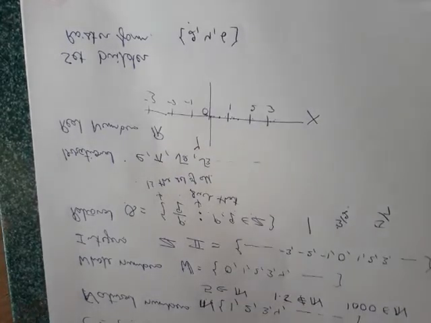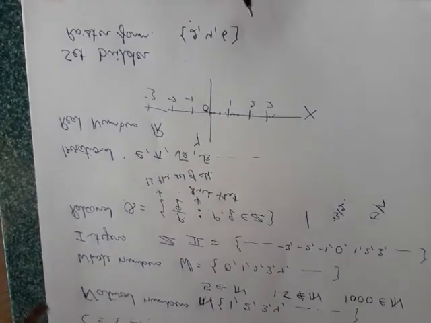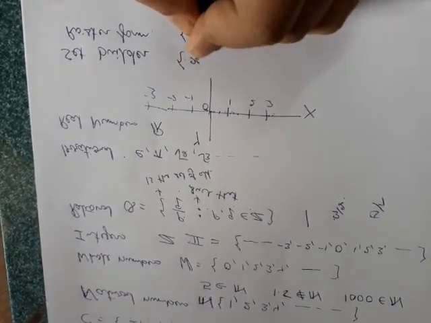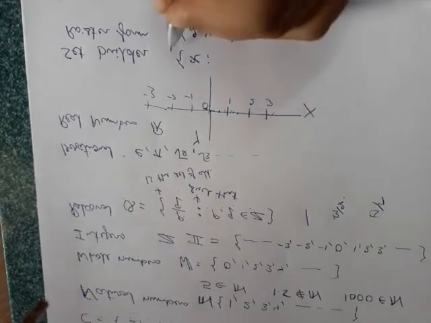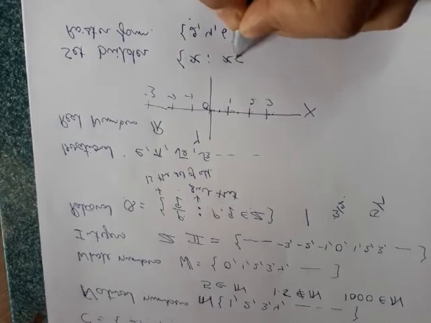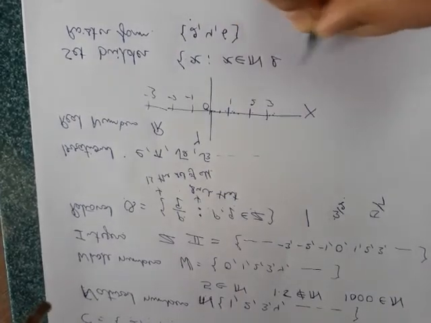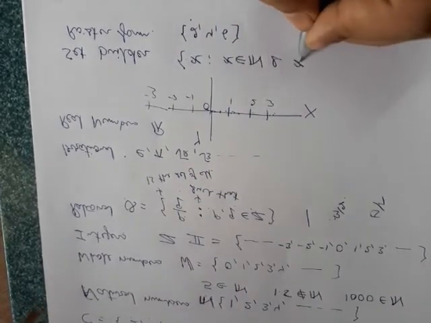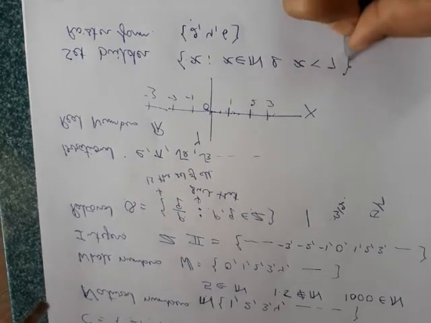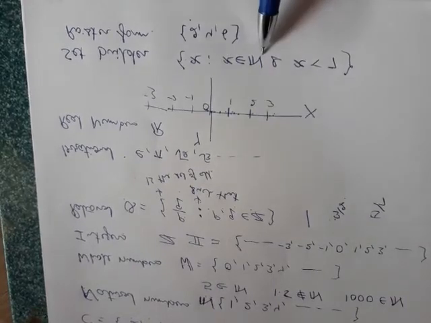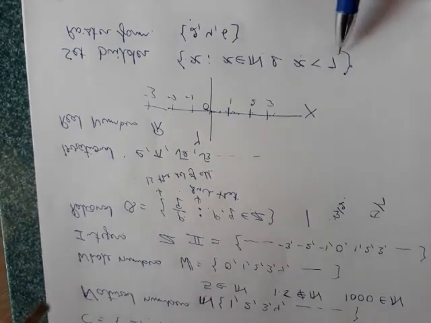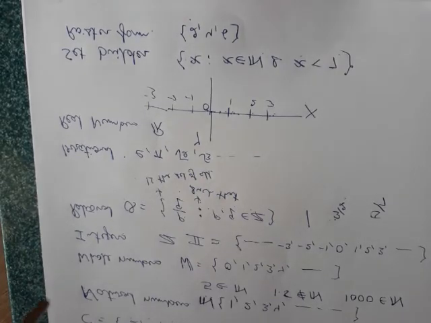Such forms are called roster forms. Instead of writing like this, if I say the collection of all x such that x is a natural number and x is less than 7, it means x is a natural number, so it can be 1, 2, 3, 4, 5, 6 and so on, and x is less than 7 means it can be up to 6.